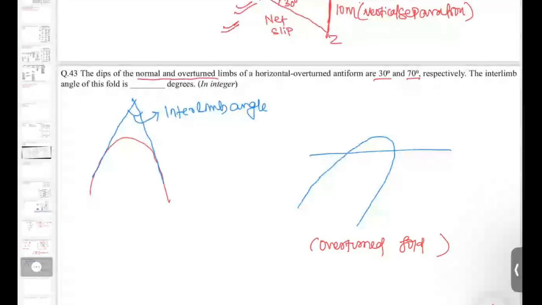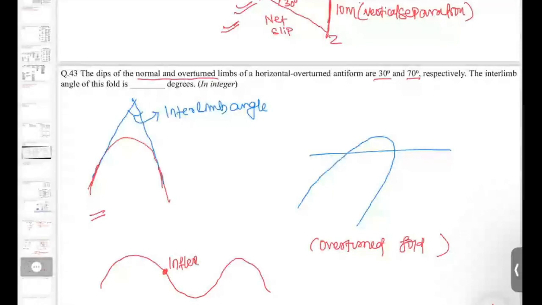And the next thing you should know is what is the interlimb angle. So you can see this figure here. If you draw two tangents at the inflection point, do you know what an inflection point in a fold is? Yes sir, zero curvature.